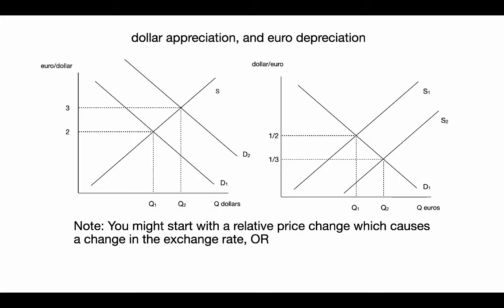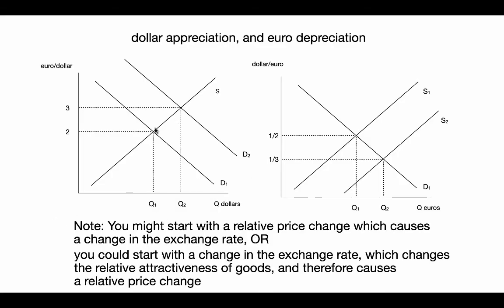But you could also start it the other way around, and you could say something caused the dollar to appreciate. People are buying dollars maybe for some other reason besides the relative price of goods. And so now you're starting with an appreciation. The appreciation changes the relative attractiveness of goods, because remember, when I go to make that exchange, if it takes me more euros to exchange for a dollar, then that changes how cheap or how expensive things are in the US versus the euro area.